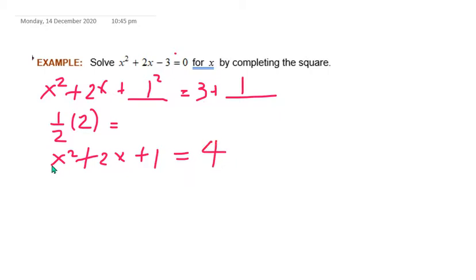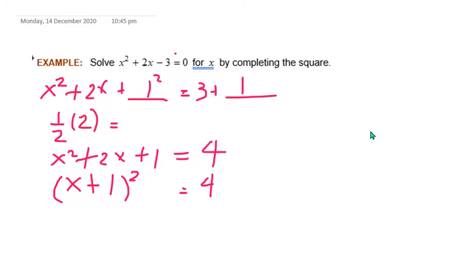So we are going to change this to a factored form. So we copy x, then you copy the sign of the middle term. So what did we add? 1. So 1/2 of 2 is 1, and then you square it. So therefore this is 4.